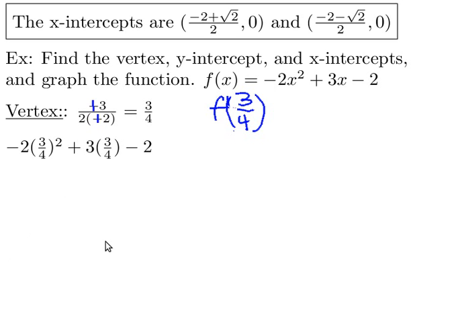Let's go ahead and clear off the scribblings. So this is going to be the same thing as -2 times 9/16. Yeah, it's going to be 16ths. -2 times 9/16 plus 9/4 minus 2.